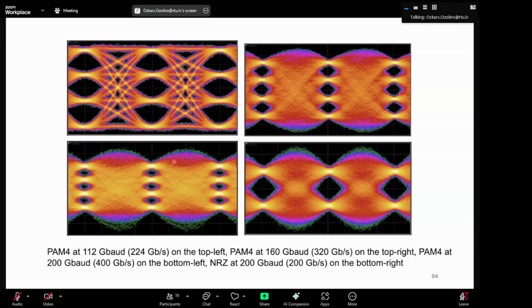And then, just to compare at the same symbol rate, if we look at PAM4 and PAM2, or non-return to zero, or on-off keying, there are different names for two-level signals depending on how you look at it and in which field it's used.